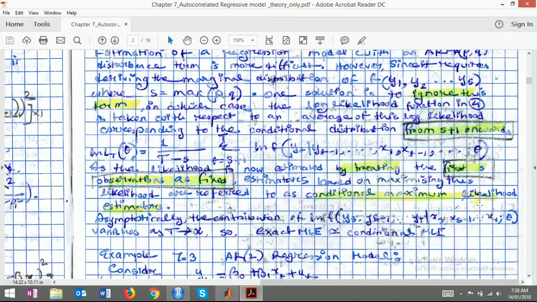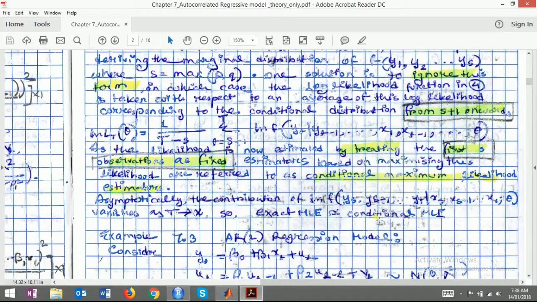So basically we are just focusing on the conditional distribution, and estimators using the conditional likelihood function are conditional maximum likelihood estimators, because this depends on maximizing the likelihood based on the conditional distribution.